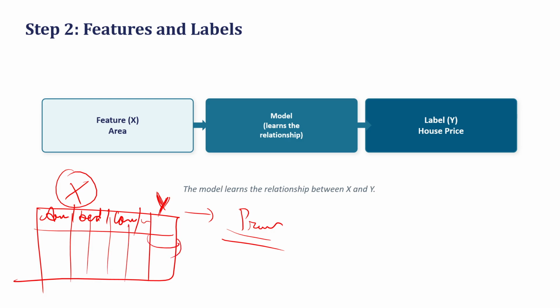All the factors which affect the output act as input and are known as X, the features in machine learning, and Y is known as the label in machine learning, which is the output, the thing you want to predict. So features is X, which is input, and labels is Y, which is output.